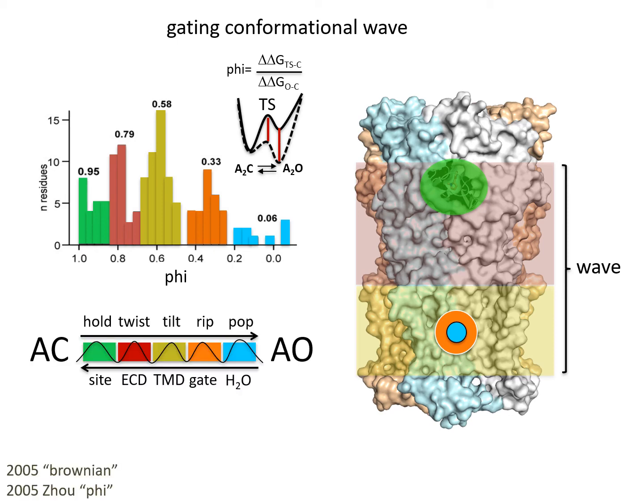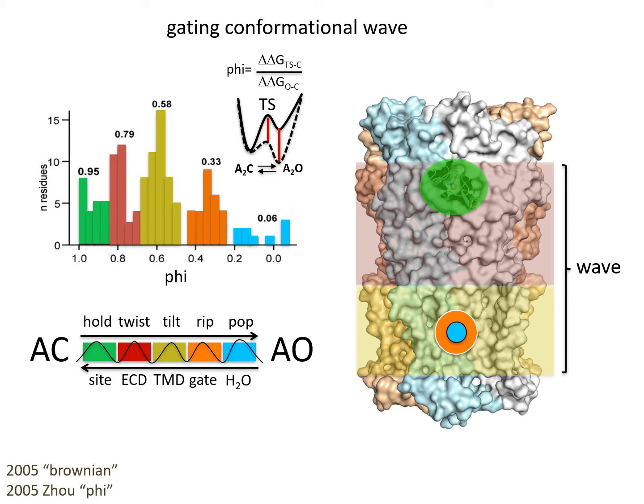And we developed a theoretical model to show that phi values can be related to a position in a linear reaction sequence. If the different domains shown at the right switch from C to O in sequence, then the phi values give the position of those steps in the sequence.